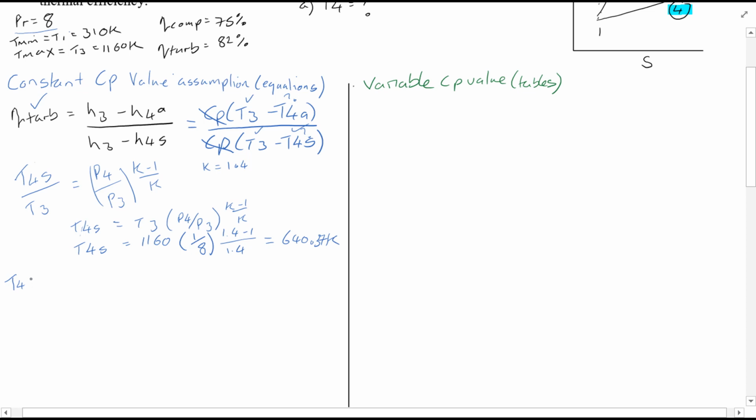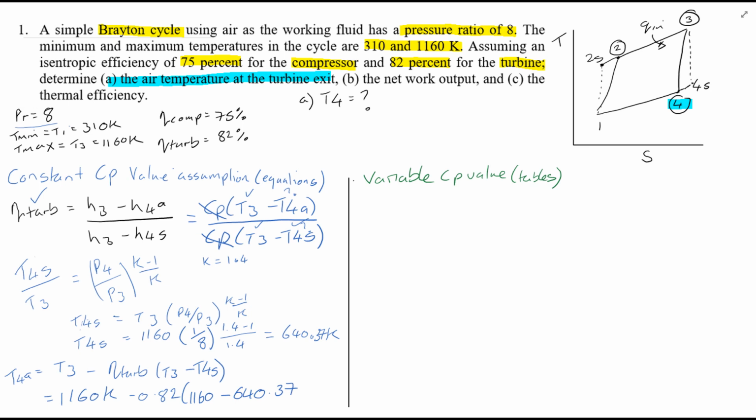T4A is equal to T3 minus the turbine efficiency times (T3 minus T4S), which is equal to 733.9 Kelvin.